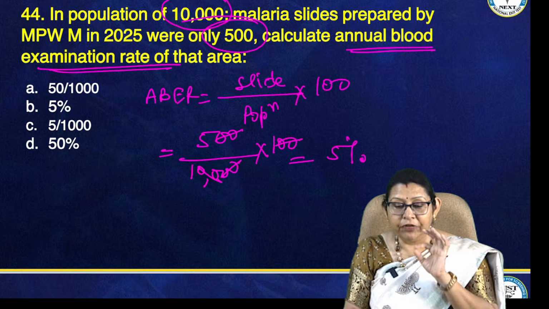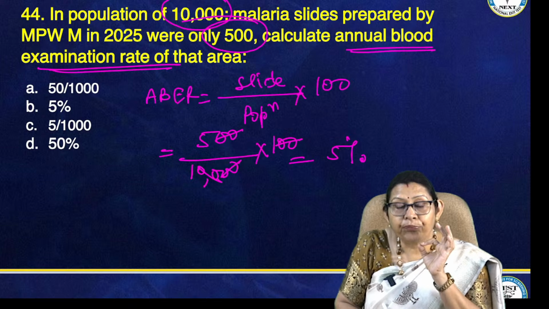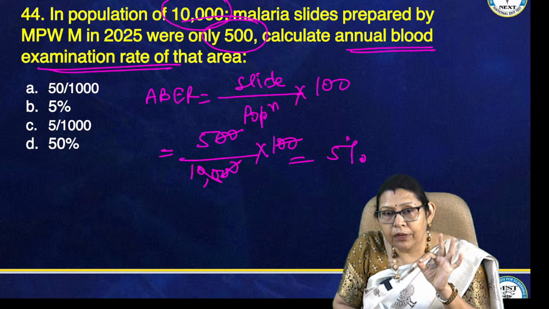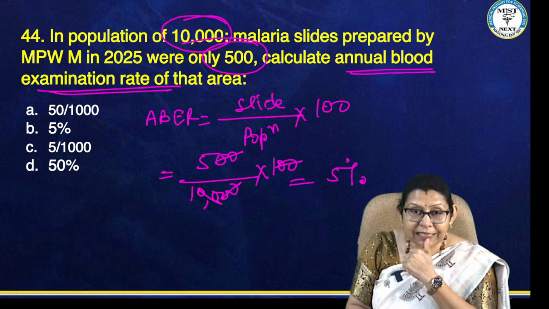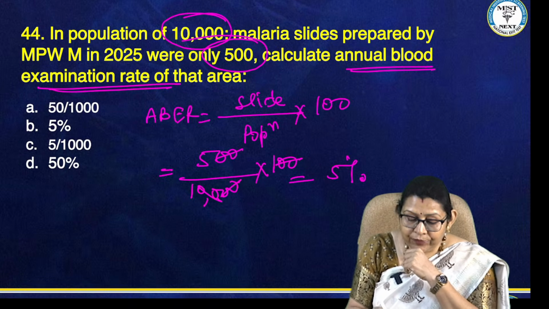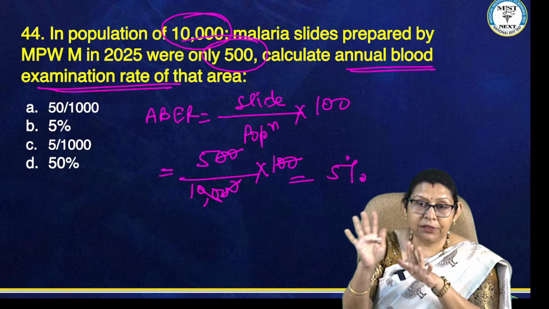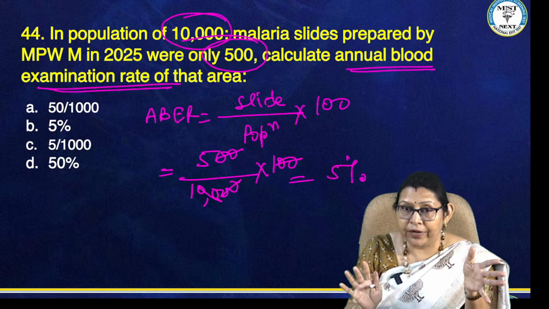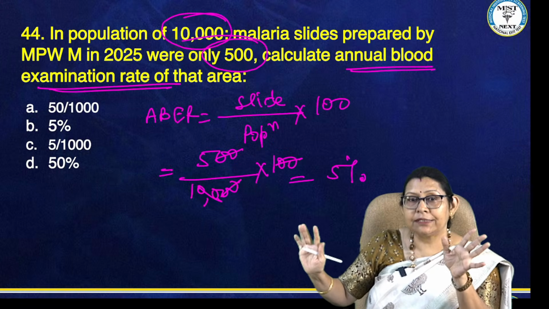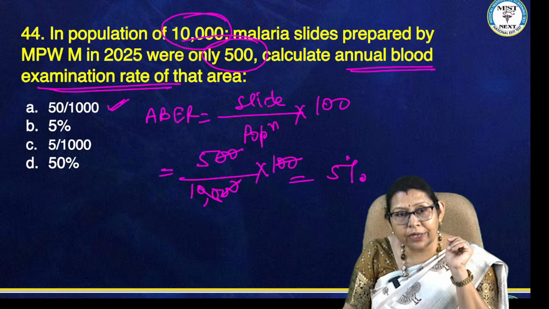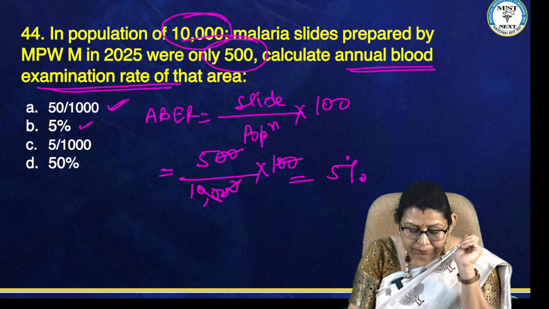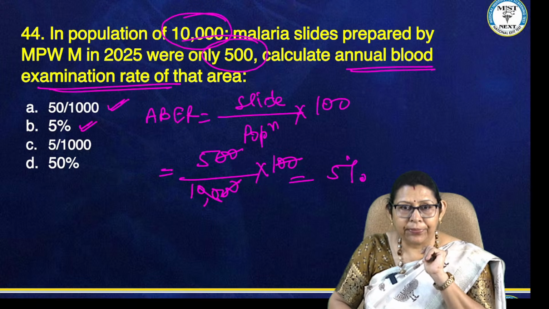यहाँ पे be very careful about your zeros. ठीक है. अब यहाँ पे again the catch is that if they don't mention per 1000 or per 100, the rate is expressed as a percentage. So 50 per 1000 is also a correct answer, and 5% is also a correct answer.